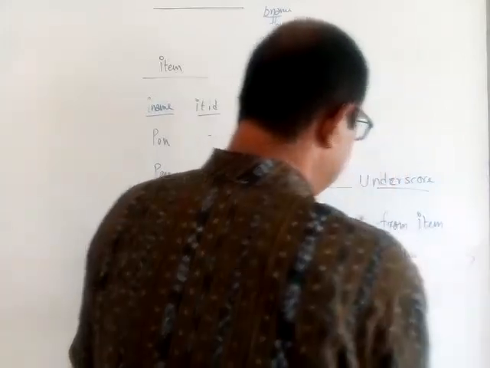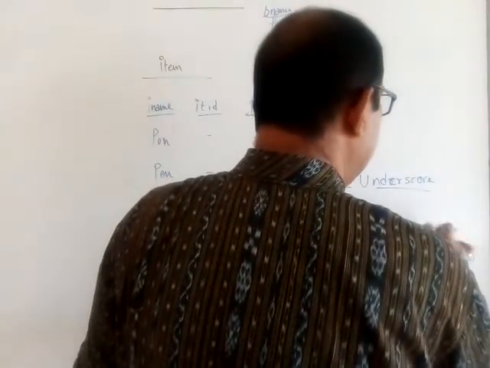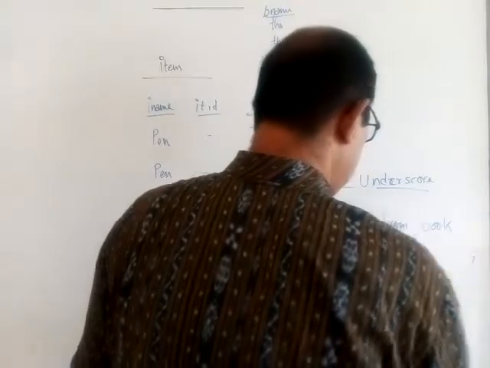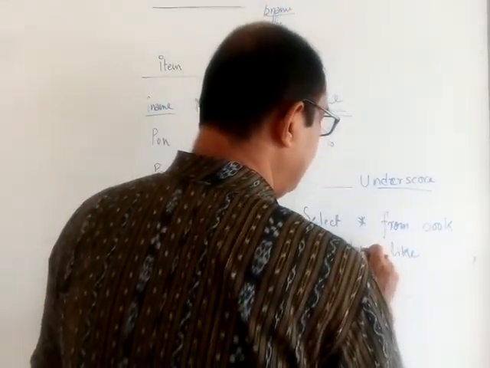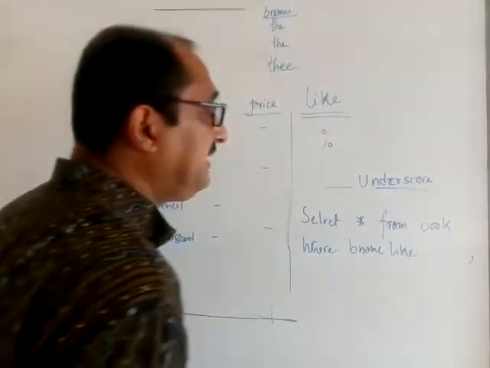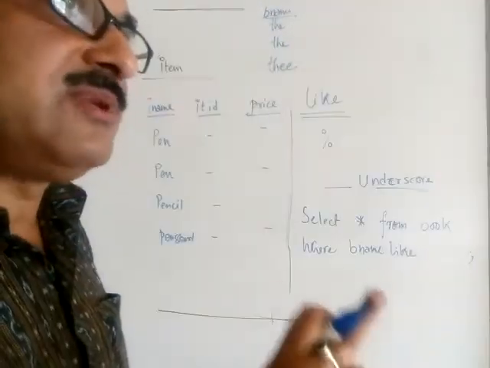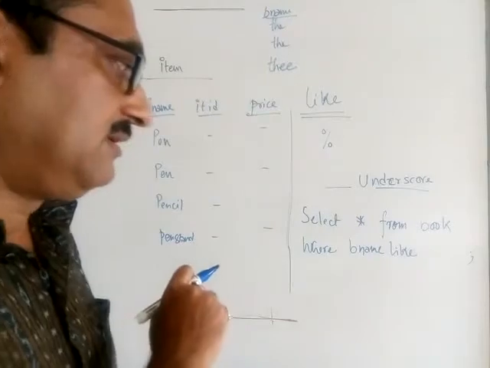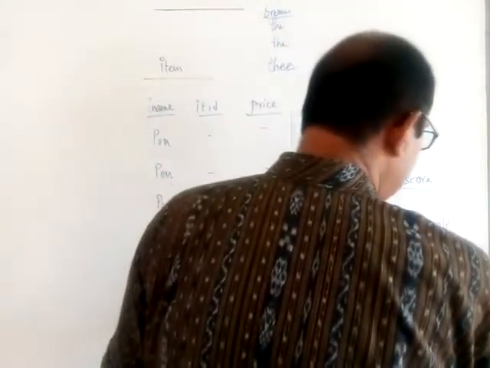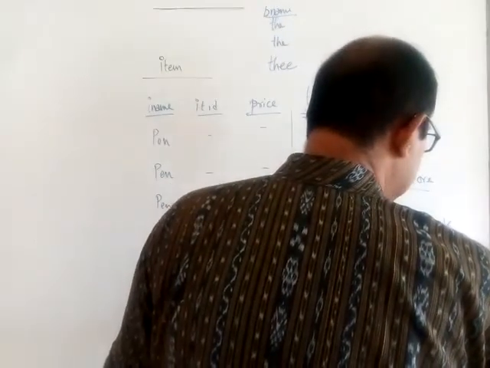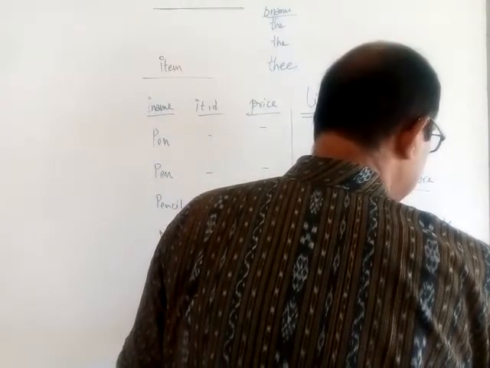Say we start from the table named book, where the book name, B name, is the field. B name like. I wanted to mean all the book names where the word "the" will be found. To do that you would write percent, the, and the percent.